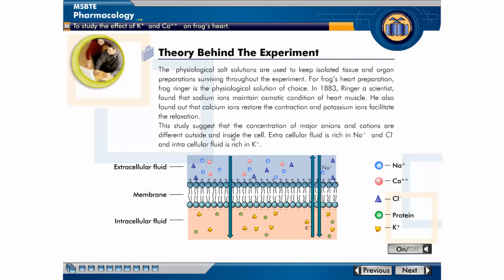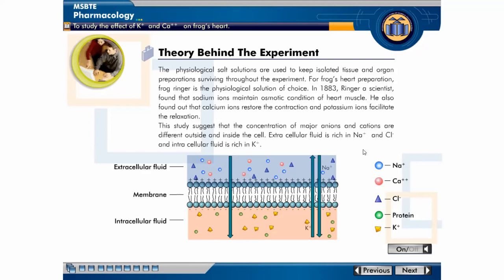Extracellular fluid is rich in sodium ion. In the diagram, you can see the sodium ions, they are in extracellular fluid. Are they in extracellular fluid or intra? Extra. The extracellular fluid is rich with the sodium ion.